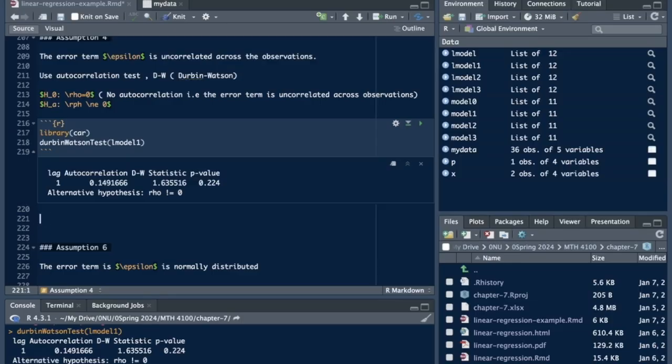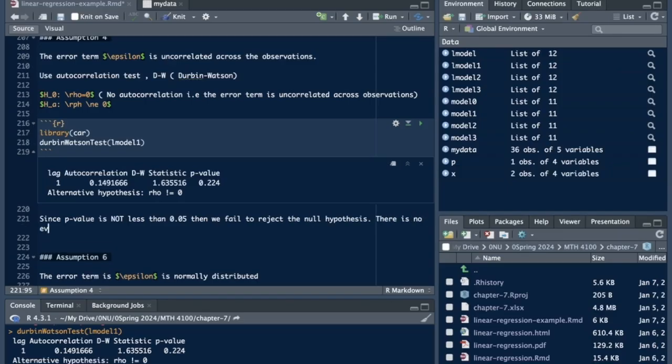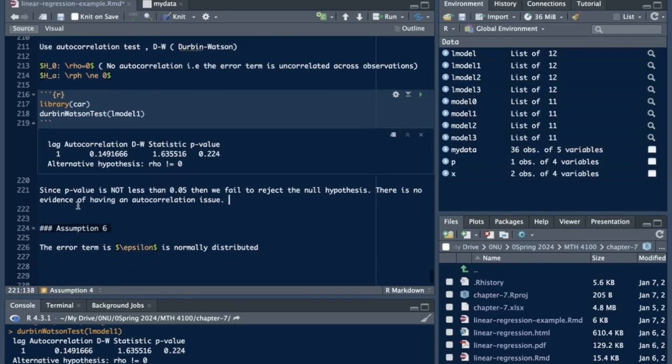The p-value is not less than 0.05, so we fail to reject the null hypothesis. So there is no evidence of having an autocorrelation issue. We don't have any violation for this assumption. This test is good. We can use it.